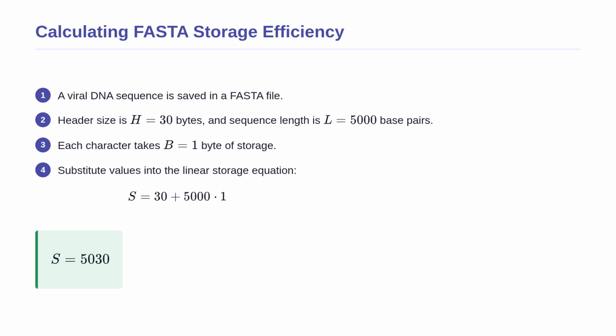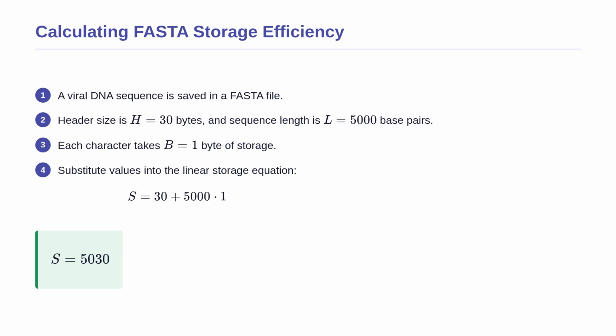Now that we have our storage formula, let us apply it to the FASTA format. Suppose a researcher saves a newly discovered viral DNA sequence. The header line contains exactly 30 characters, so H is 30. The sequence itself is 5,000 base pairs long, so L is 5,000.